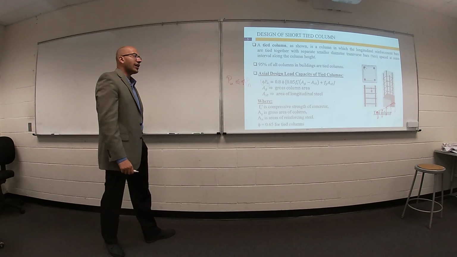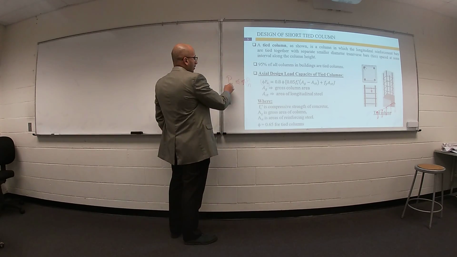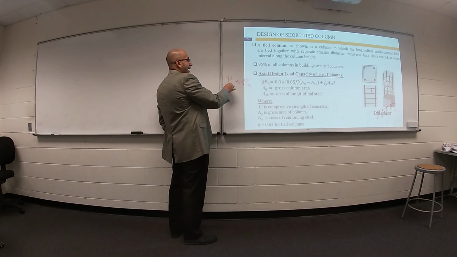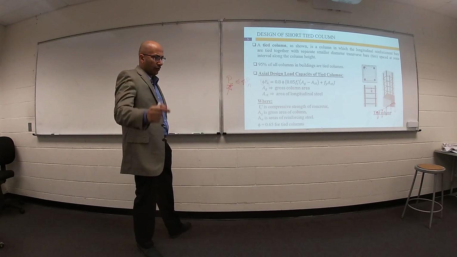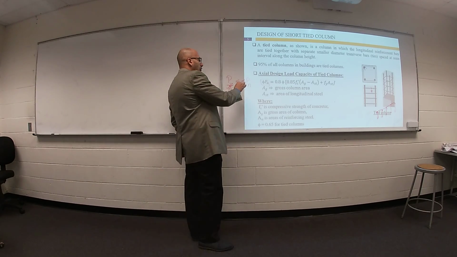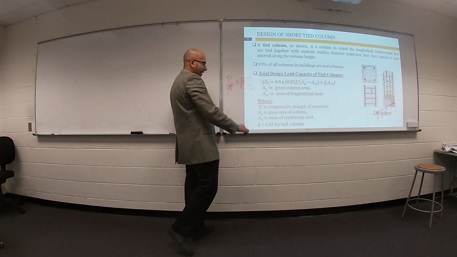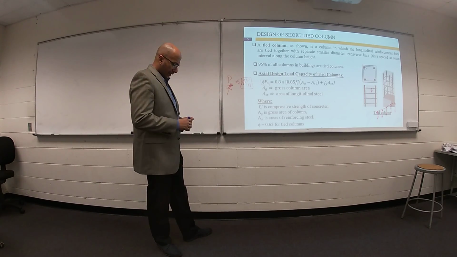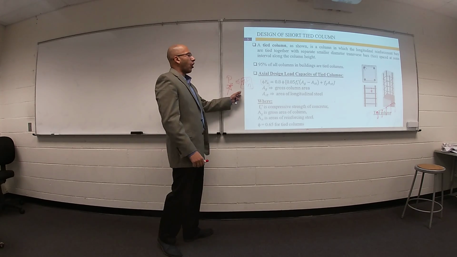So, from structural analysis or reason, we can figure out what the reaction on your column is. From your design, we can figure out what the design axial capacity is. Then we can make a comparison.